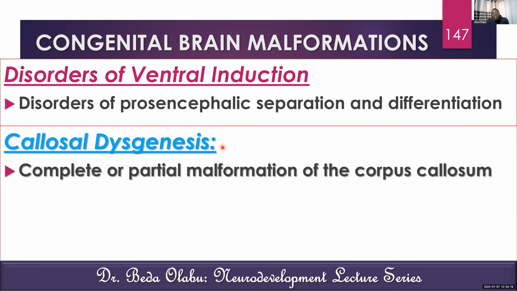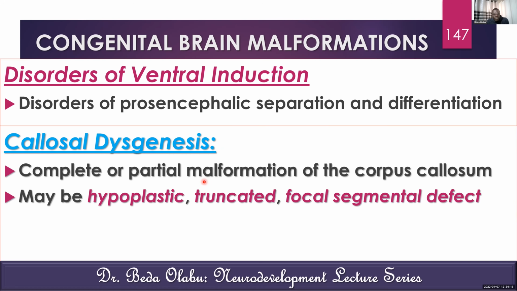How can it be malformed? Maybe it's just too small, so it could be hypoplastic, very tiny. It could be truncated, which means that one side is present, then the other side is not there. It's been cut off. So maybe the anterior part is present, the posterior part is absent, or vice versa.